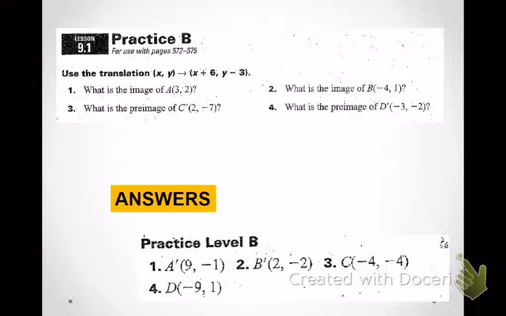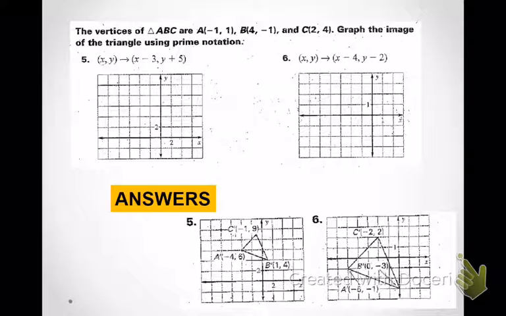So we've got those examples, and we've got these. It's the same idea, except you plot the triangle, and you move each one of its points according to this translation.